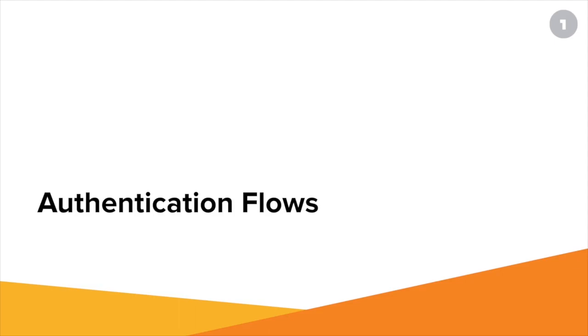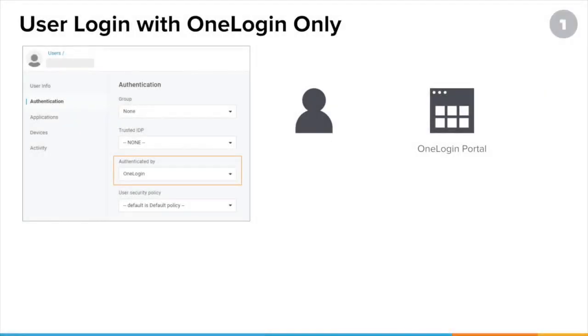So before we go into the specifics on how to control the user login process, let's take a look at the various options you have when it comes to actually authenticating the users. The easiest and simplest option is to have your users authenticated directly by OneLogin. Users that are created manually in OneLogin would have their authenticated by option set to OneLogin, as we can see here.